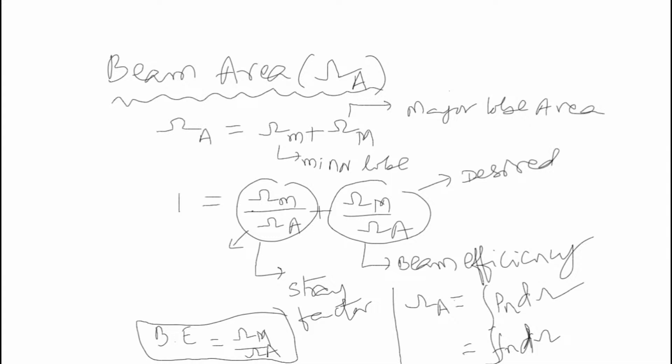That is Fn, where Fn or Pn, Pn means normalized power, is given by P by P max. Similarly, Fn is given by F by F max. The units of F and F max are the same, so there are no units.